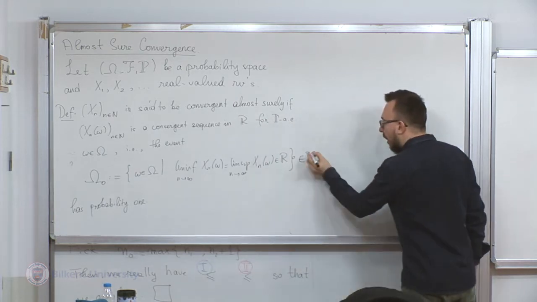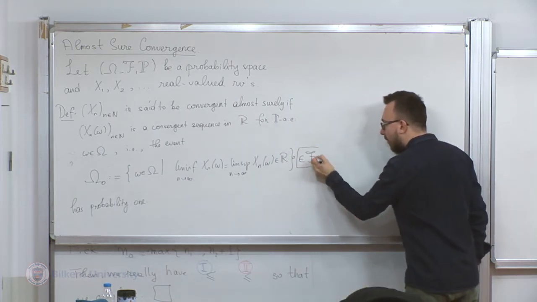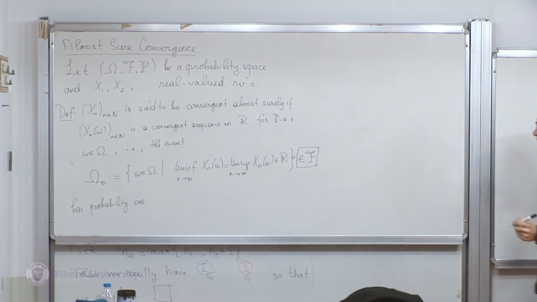But how can we say that this is an event? How can we say that the event that liminf equals limsup is a measurable set? Go back to chapter 2, measurability properties. So you have xn's measurable. Did we show that liminf is measurable in chapter 2?